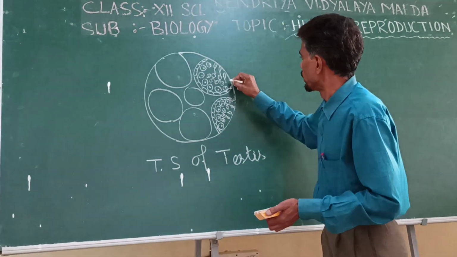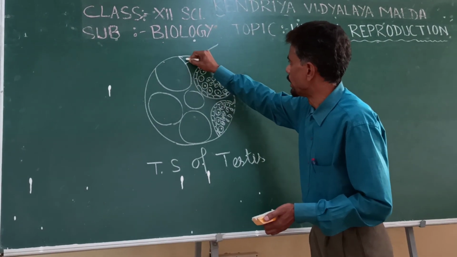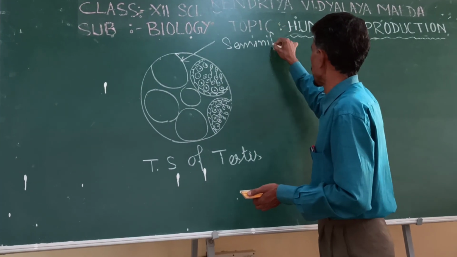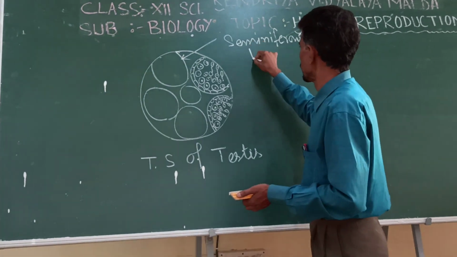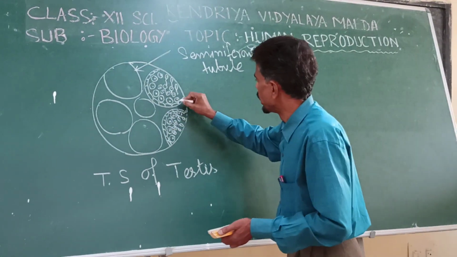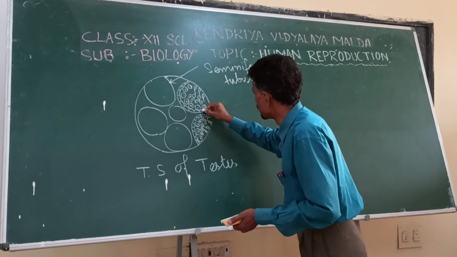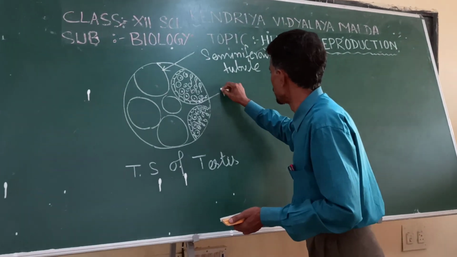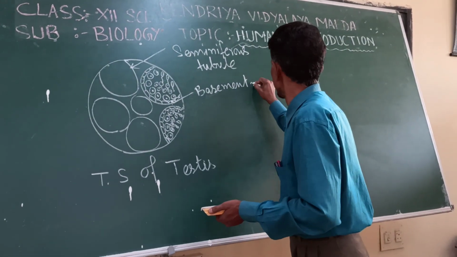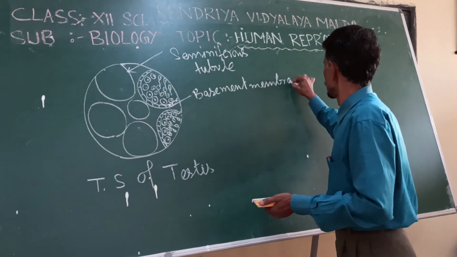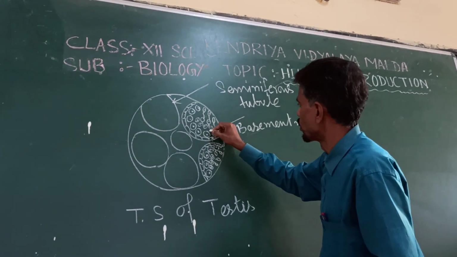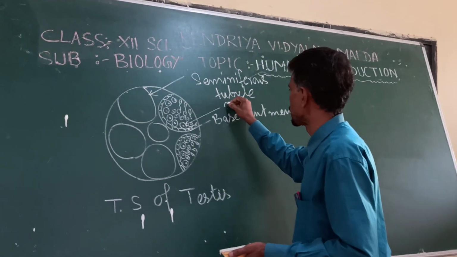So these structures are the seminiferous tubule. Within the seminiferous tubule you have the basement membrane, and we have these cells called spermatogonial cell or spermatogonia.